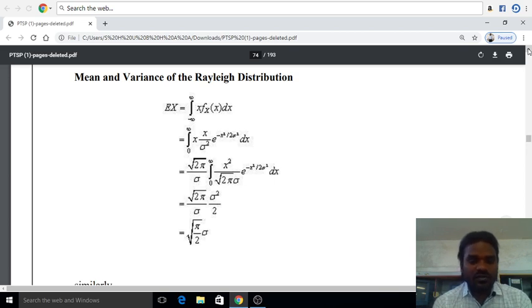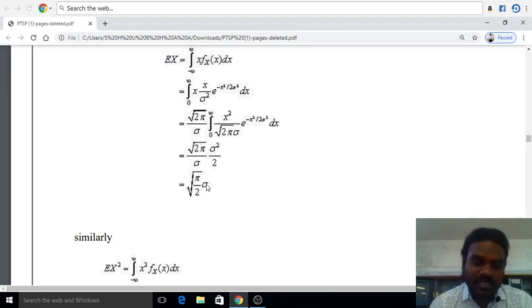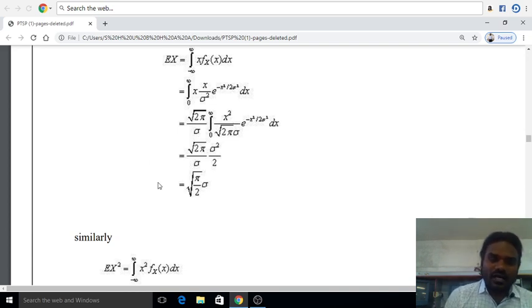Mu is equal to, in the Rayleigh distribution, sigma times root of pi by 2, where sigma is a parameter of the Rayleigh variable. From this you can say directly mu equals under root of pi by 2 into sigma.